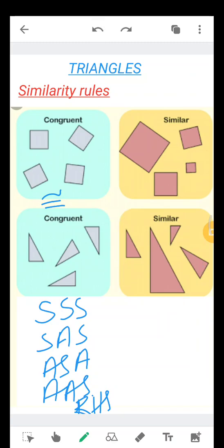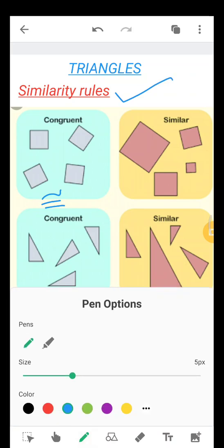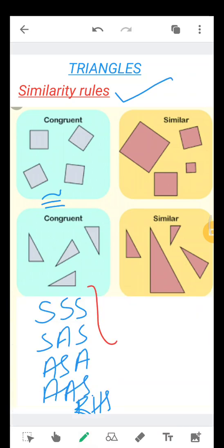We even did an activity based on this in the introduction part. Today's session is very important because we are going to learn similarity rules. Like we learned congruency rules in 9th class and applied them to prove triangles are congruent, now we are going to learn similarity rules.